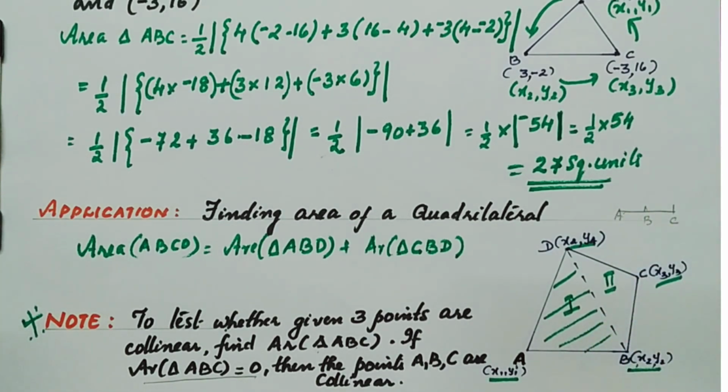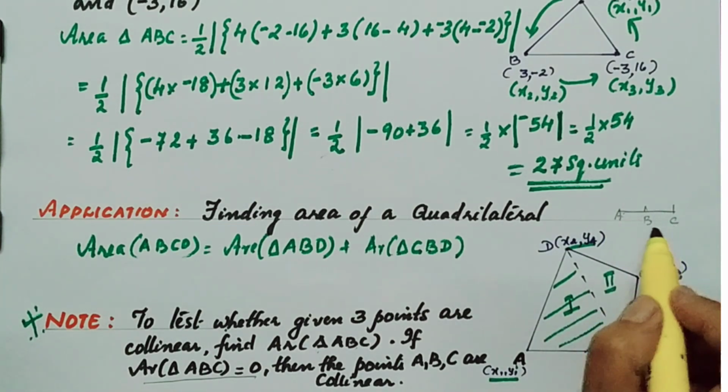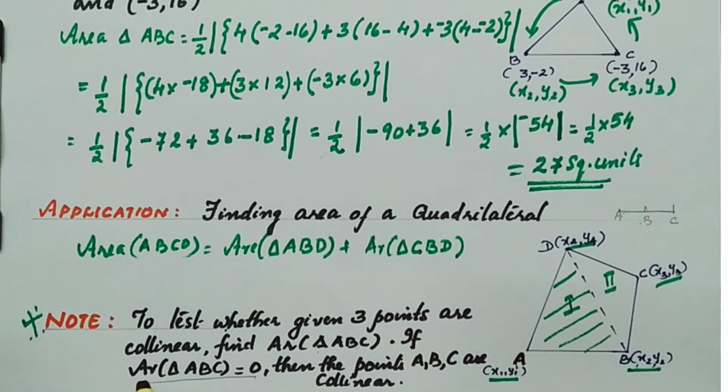When finding the area, if the answer is equal to 0, it means that there isn't any area, which means that the 3 points lie in a straight line. Hence, to test whether the 3 points A, B and C are collinear, you need to test whether the area of triangle ABC is equal to 0. If it is equal to 0, then the points A, B and C are collinear. A very important note.